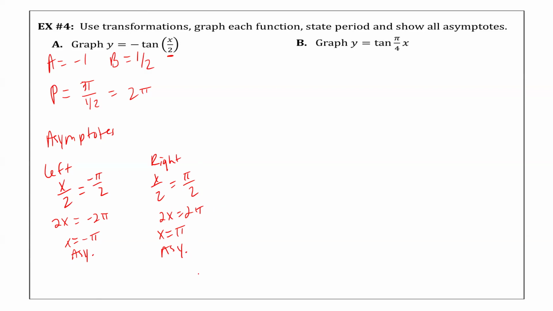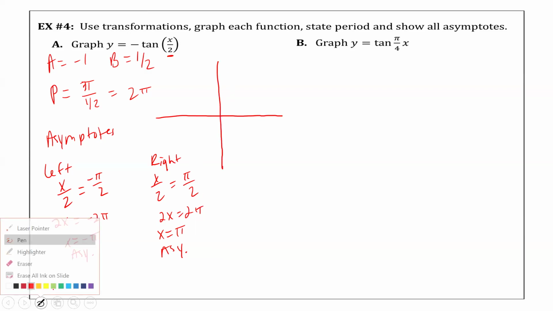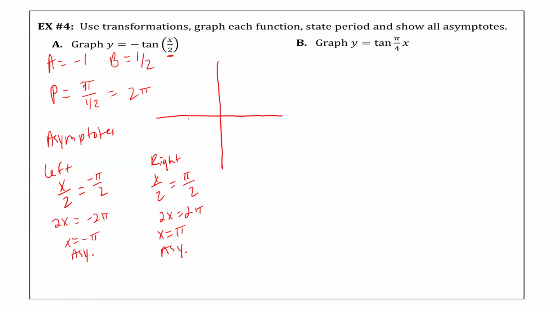So when we're talking about our graphs, I would really like my graph here, but I don't have it, so we're just going to do a quick little sketch. We now know that we have an asymptote at negative pi and an asymptote at positive pi. We still have our halfway point.